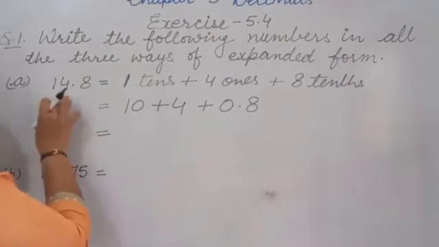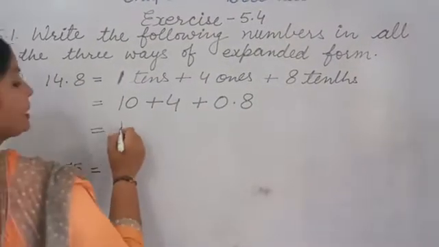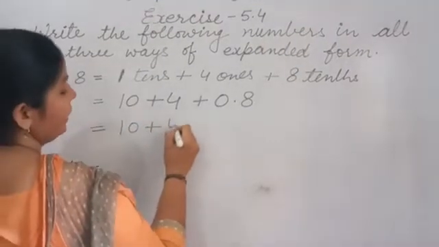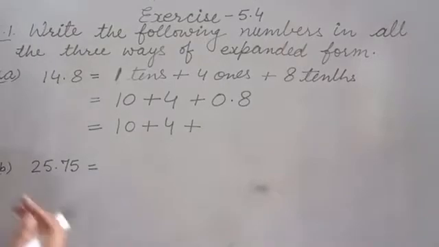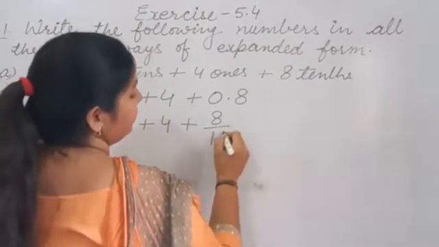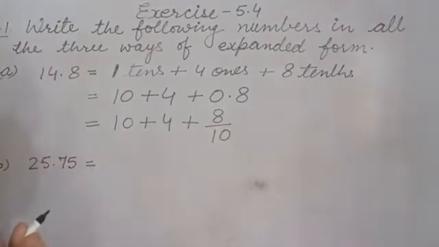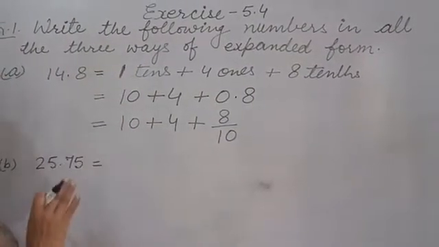In fractional form also the whole number expanded form will be the same, 10 plus 4. And now this is the 10th place. So 8 tenth means 8 upon 10. Okay, these are the three methods of expanded form. Like that you have to do.